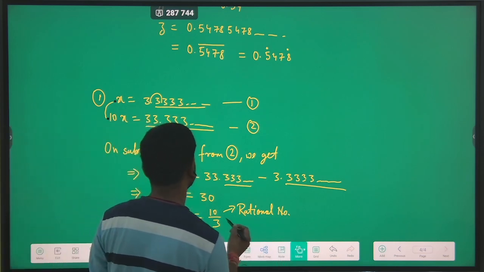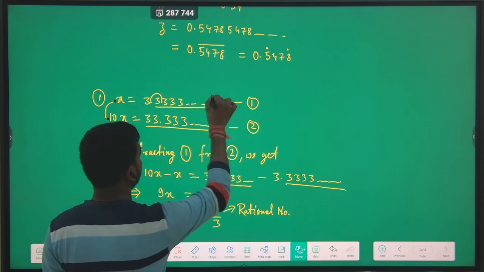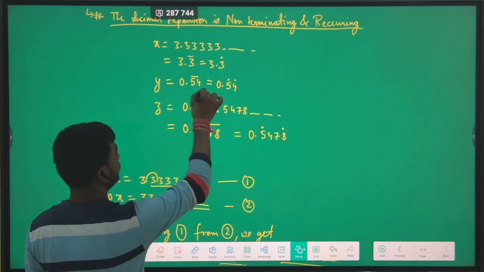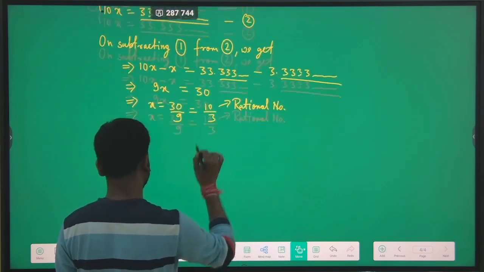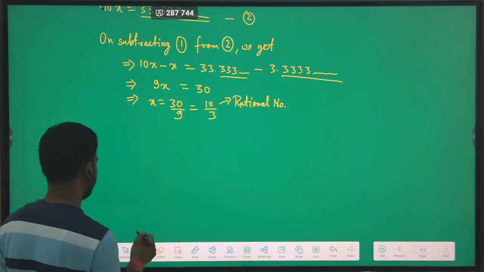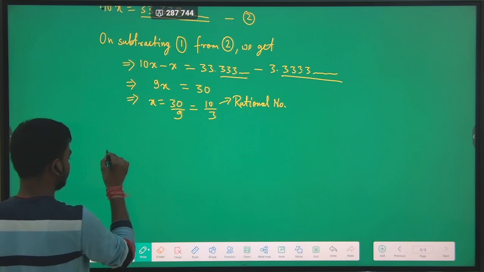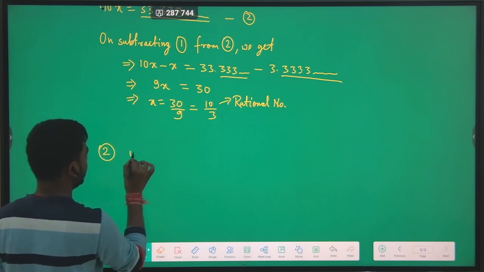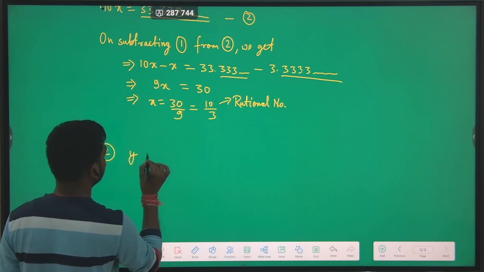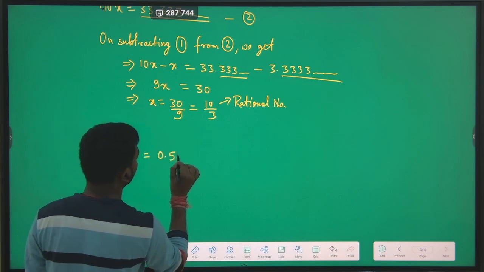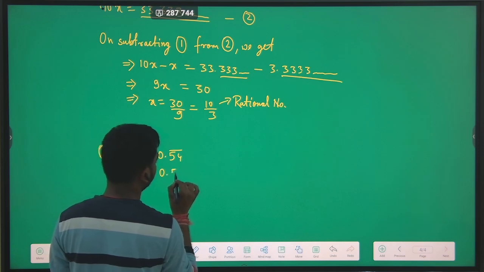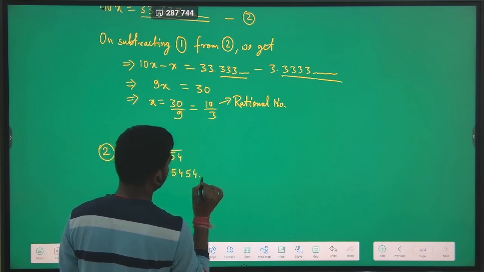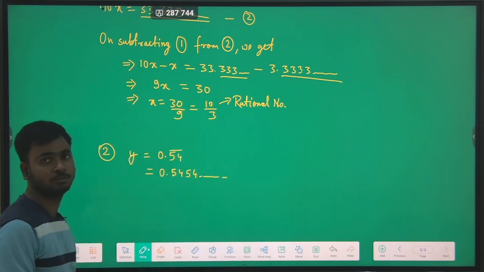Now let us suppose our second example is 0.54 with a bar over it. So here the question is, y is equal to 0.54 bar. We can represent it as 0.5454 continued up to so on.